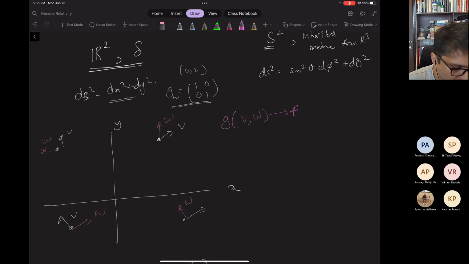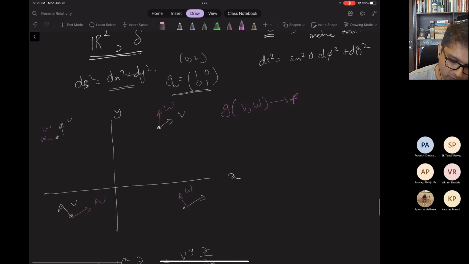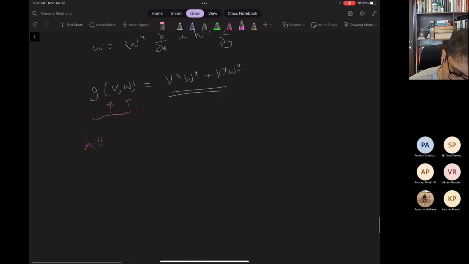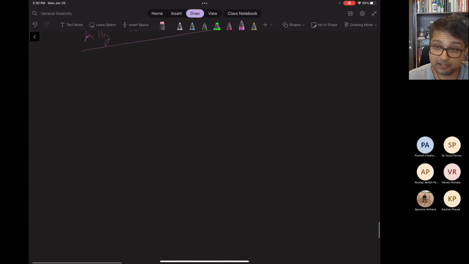So now the first thing we'll look at is the killing vector fields. We've seen on R2 there are three basis killing vector fields.